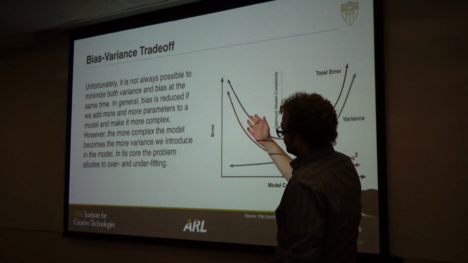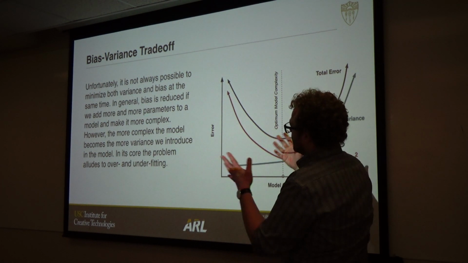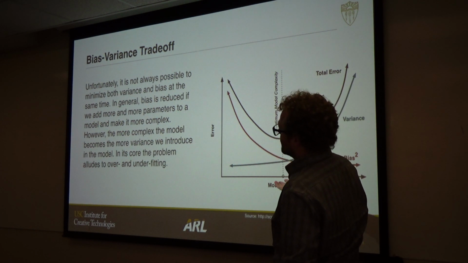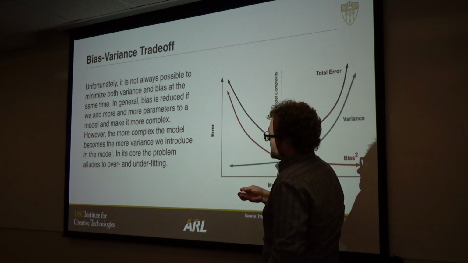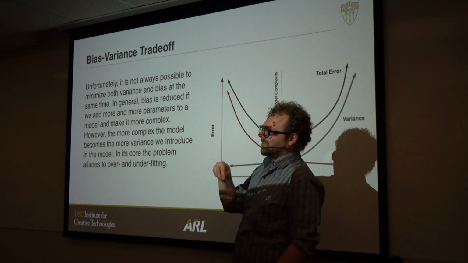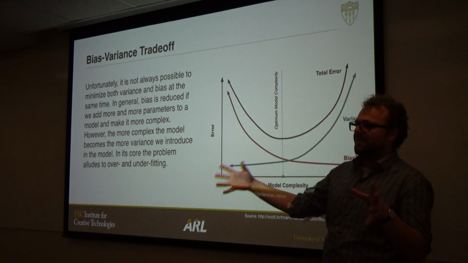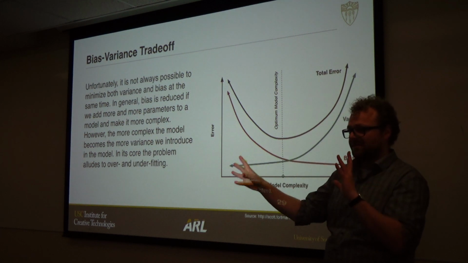So as a summary, unfortunately it's not always possible to minimize both variance and bias at the same time. In general, bias is reduced if we make the learning more complex. So if we have many parameters, we can learn very complex functions that split the classes.